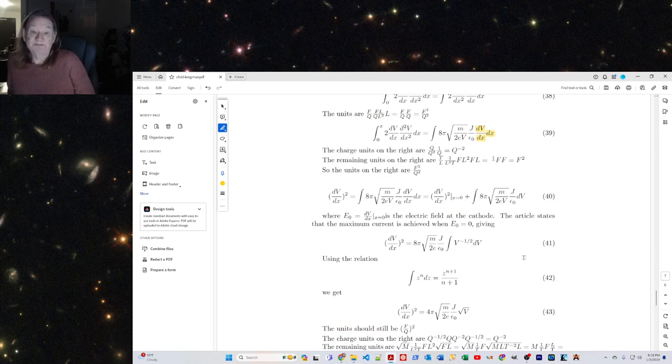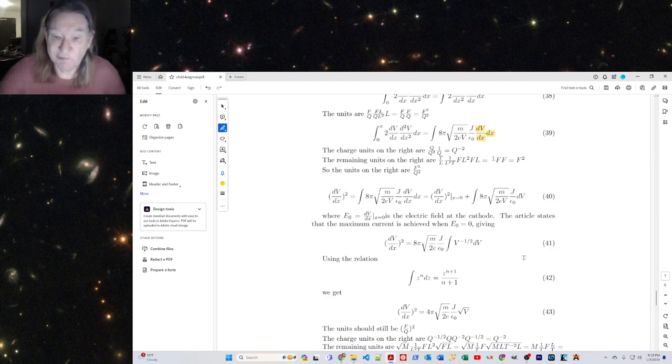And so when we integrate the derivative of the square of dV/dx, we get a constant term, the square of dV/dx at the initial point, that is the cathode, which is 0, and the integral on the right of equation 40, right here. So that simplifies matters, and we get equation 41 right here.